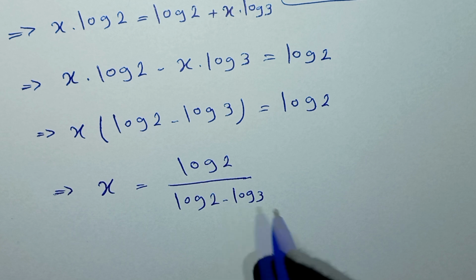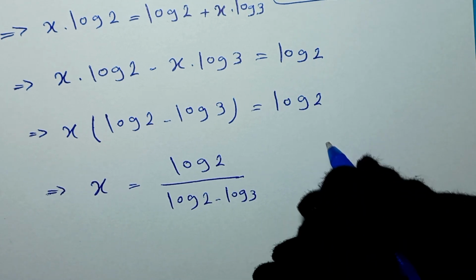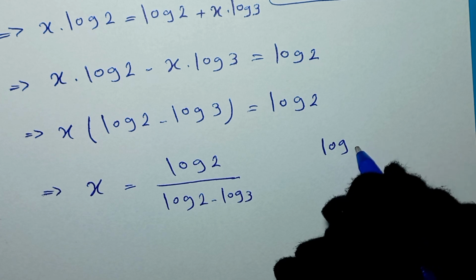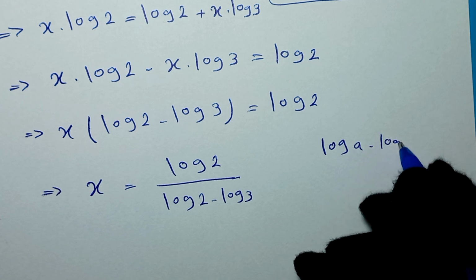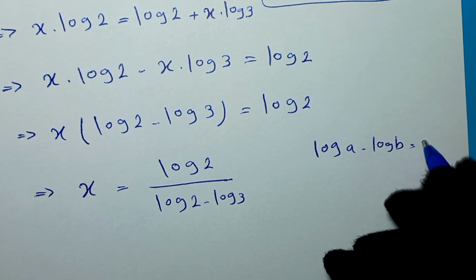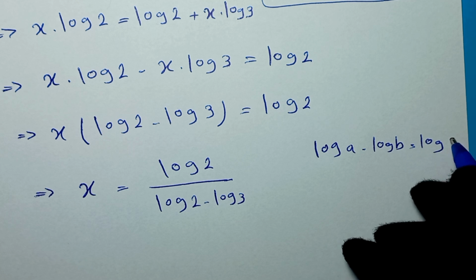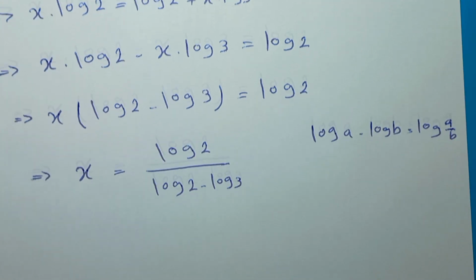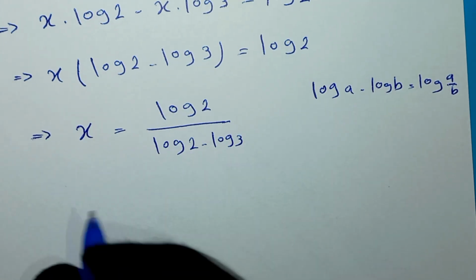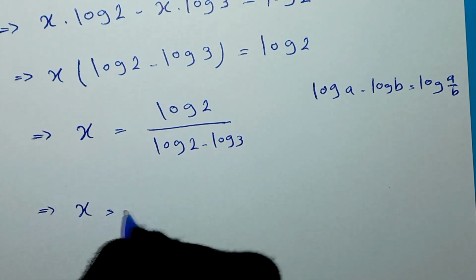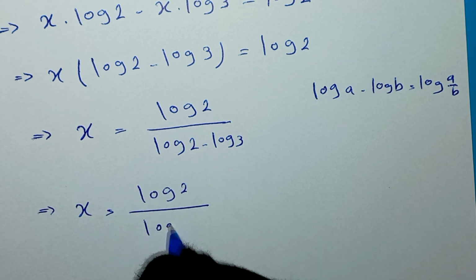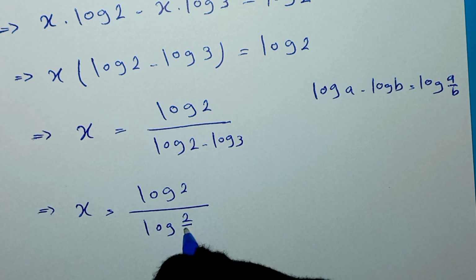And log of 2 minus log of 3, from log rule, if we have log of a minus log of b, we can write this as log of a over b. And from here, here we have log of 2, and we write this as log of 2 over 3.